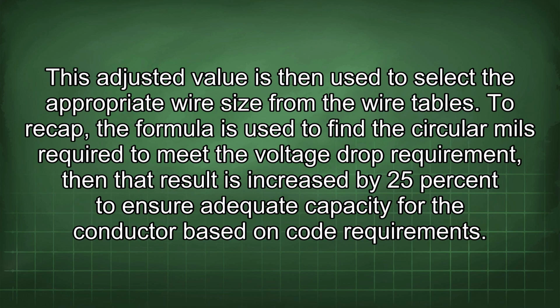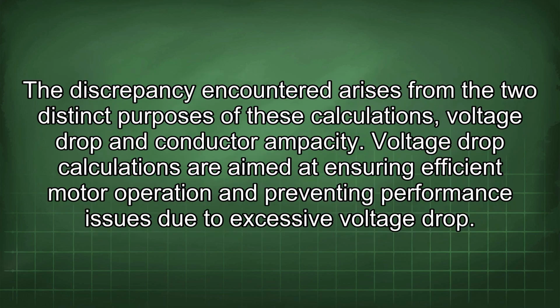This adjusted value is then used to select the appropriate wire size from the wire tables. To recap, the formula is used to find the circular mils required to meet the voltage drop requirement. Then the result is increased by 25% to ensure adequate capacity for the conductor based on code requirements. The discrepancy encountered arises from the two distinct purposes of these calculations: voltage drop and conductor ampacity.